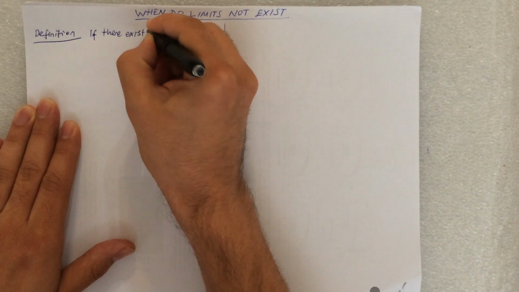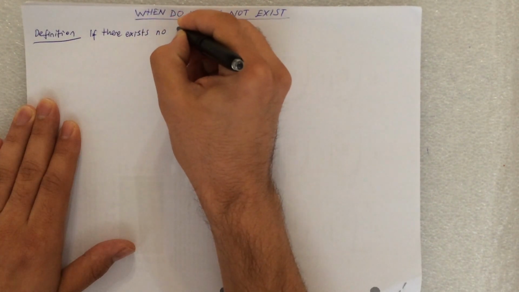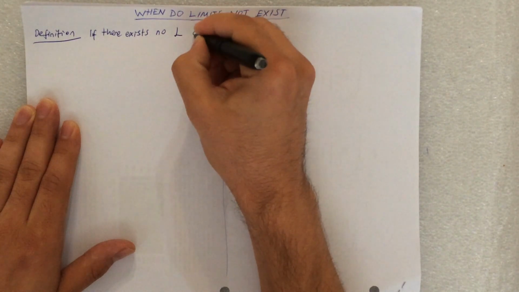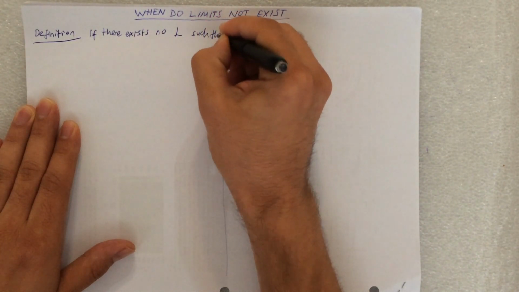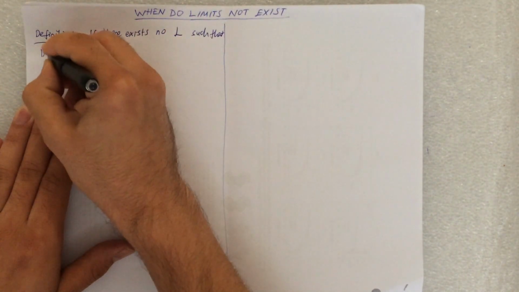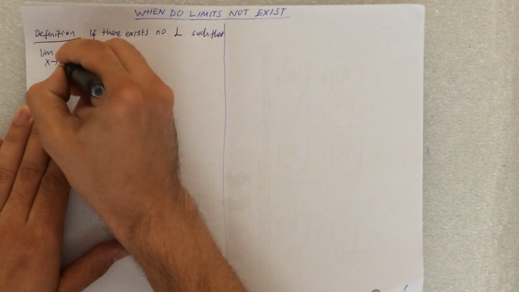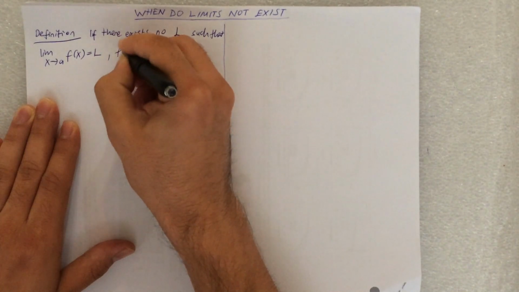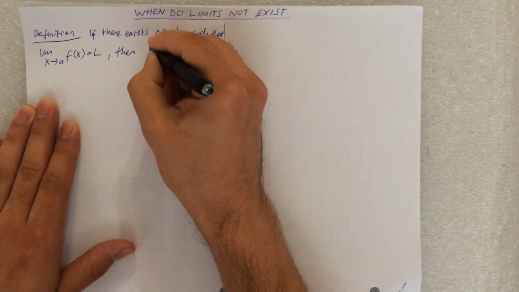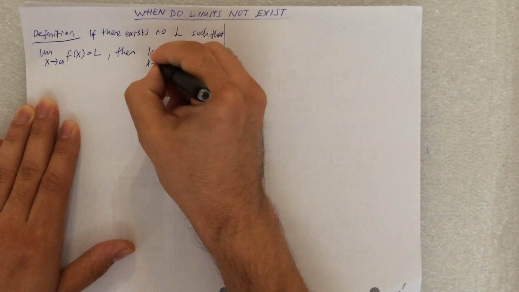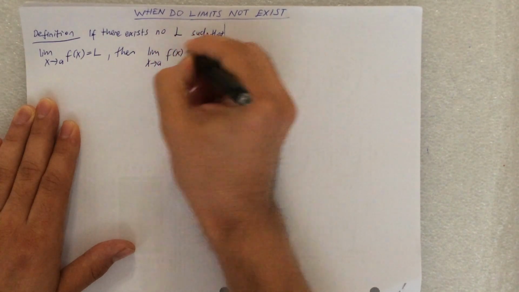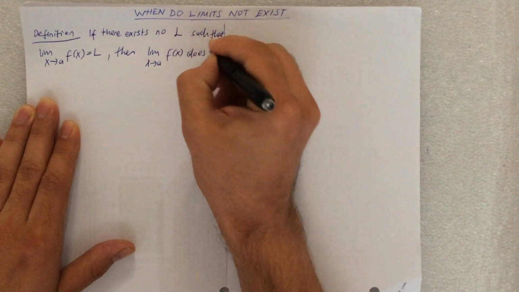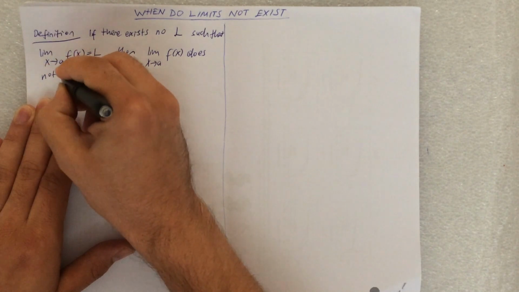If there exists no L such that the limit as x goes to a of f(x) is equal to L, then we say that the limit as x goes to a of f(x) does not exist. This is pretty straightforward.